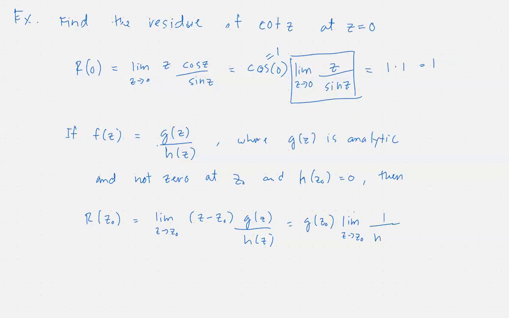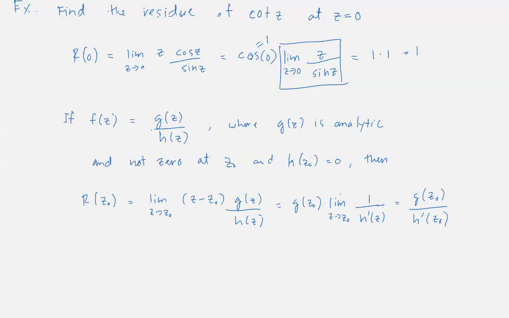And evaluating that, we're going to be left with g of z sub 0 over h prime, the first derivative of h, evaluated at z sub 0. Okay, so that is for the situation wherein we can express it as a quotient of two functions. Now we can generalize this rule.